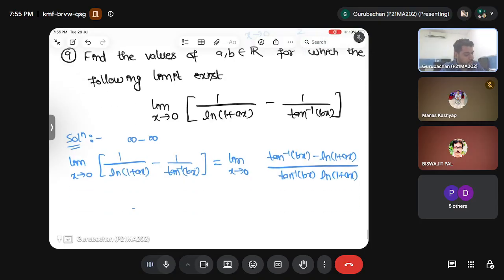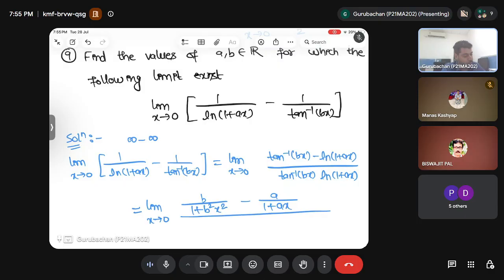So now it will be in 0 by 0 form. Now you can apply L'Hopital rule. So when you apply L'Hopital rule, the first term will be b by 1 plus b square x square. Correct? The second term will be a by 1 plus ax.